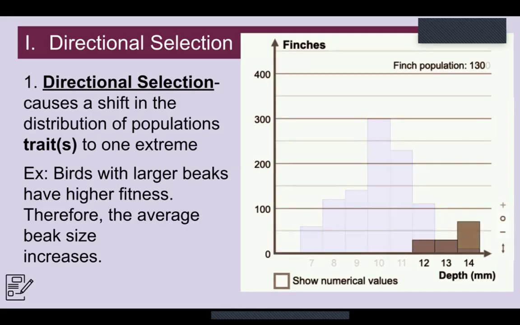This is Miss Watson's attempt at animation. The average beak size got larger. And if you look at that chart right there, you can see that the beak sizes now no longer range from 7 to 14. Now they range from 12 to 14 millimeters. So the shift was to larger beaks.